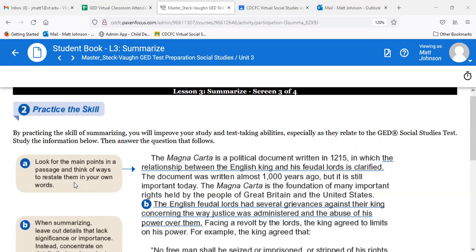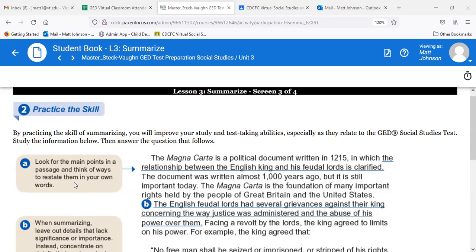The details in between are all important, but we don't need to worry about when the document was written necessarily. The year is kind of important, you can put that in, but we don't need to say something about almost 1,000 years ago but still important today.